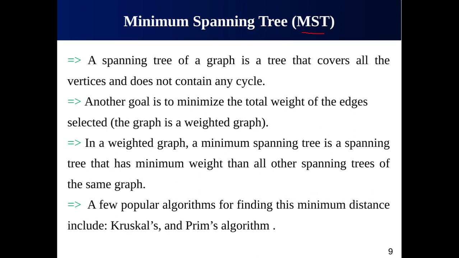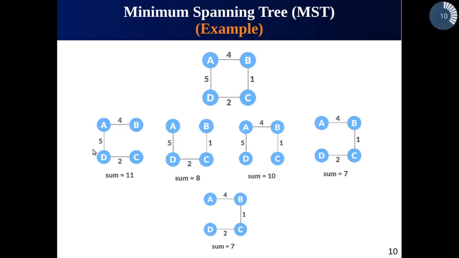So we can use a greedy algorithm, or a minimum spanning tree, to accomplish this task. Let us see some examples to clarify the concept of a minimum spanning tree. The concept can be understood with the help of the example mentioned here.